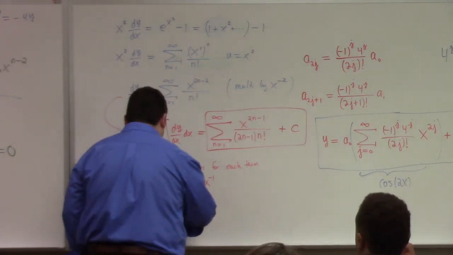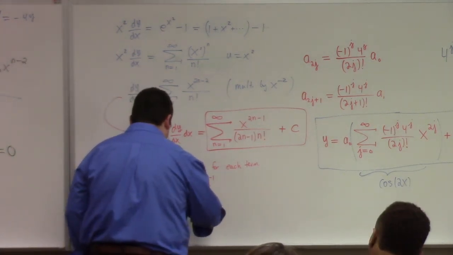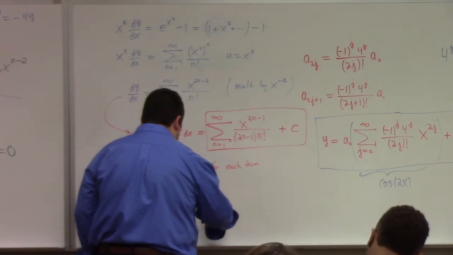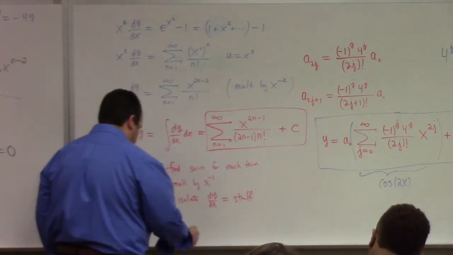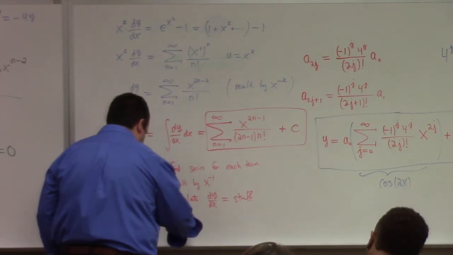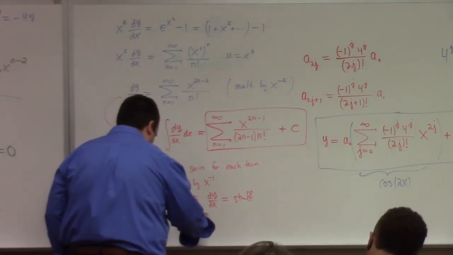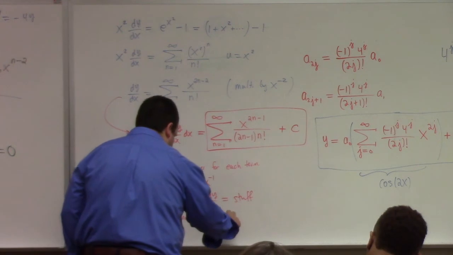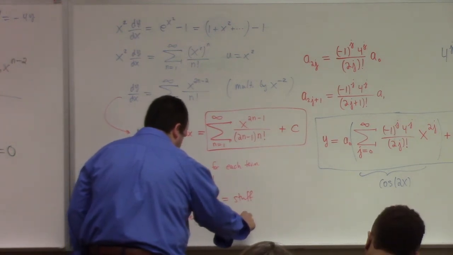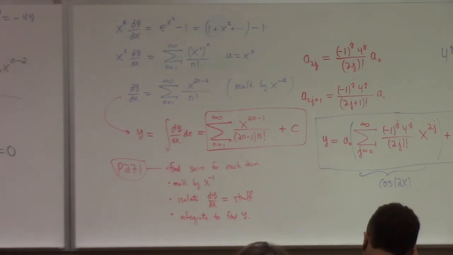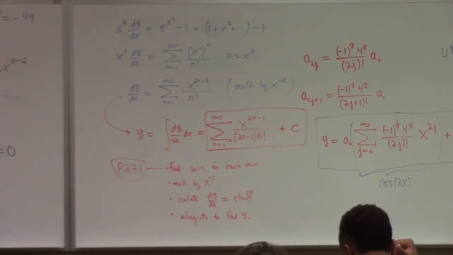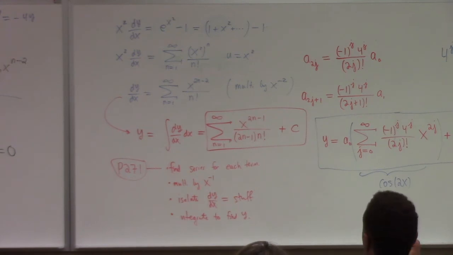Then isolate dy dx equals to stuff. Step 4, integrate to find y. This is how you can do problem 271. It's just like this example I just did. Easier, I think, in some regard. Maybe it's not easier. I don't know.